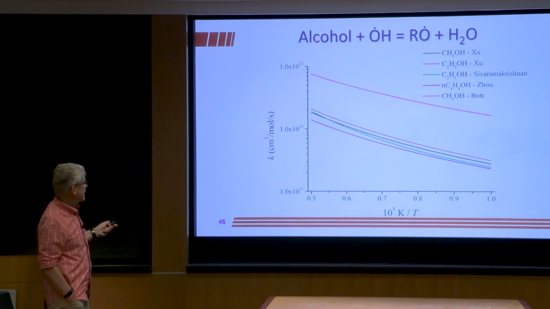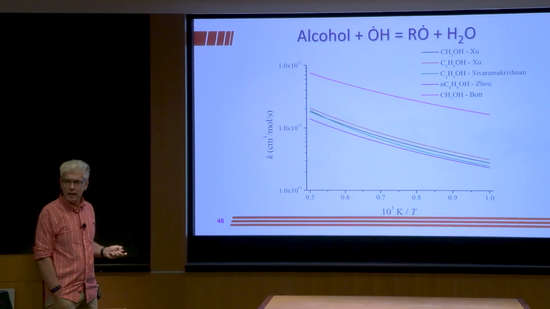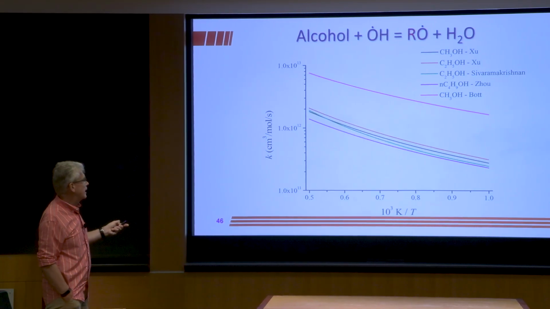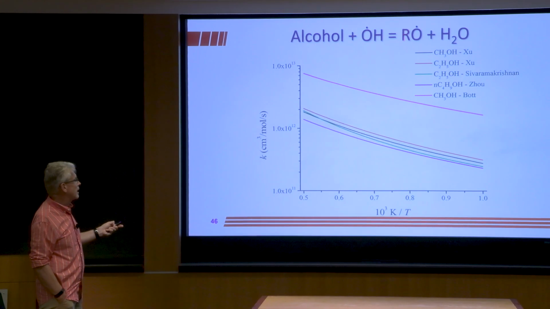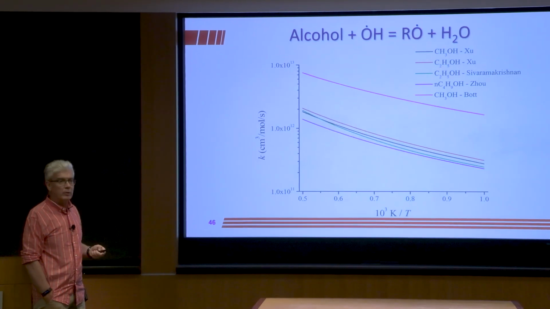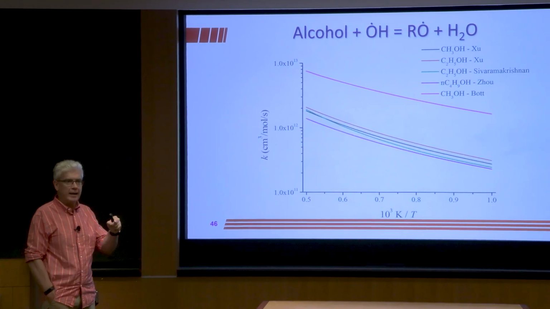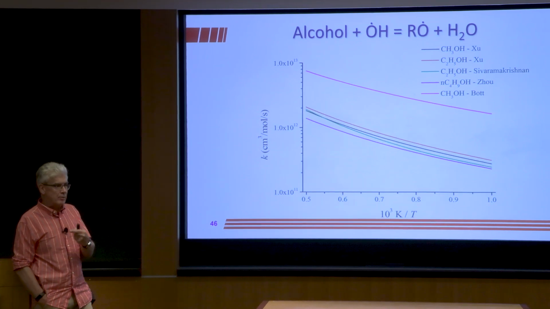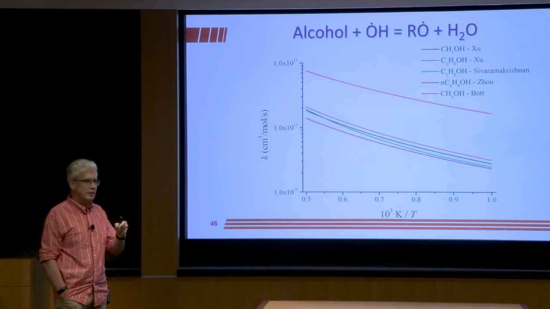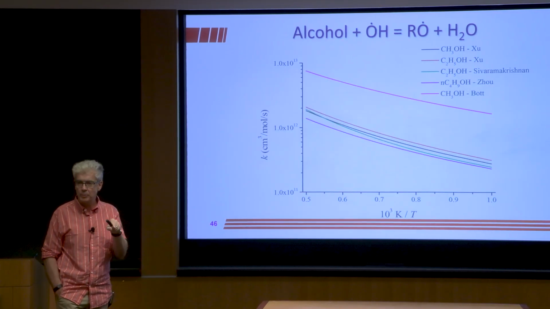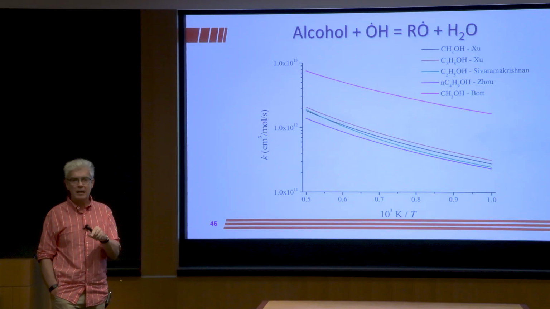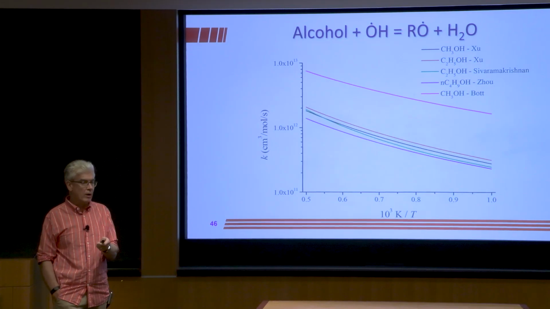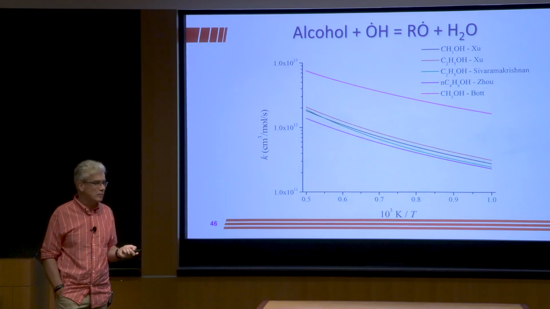So here's the rate constant. If we take any alcohol plus OH, producing an alkoxy radical plus water, in other words, abstracting the alcoholic hydrogen atom, right? They should all be similar because you're abstracting a hydrogen atom which is bonded to an oxygen which is bonded to an alkyl group, right? And it shouldn't depend very much on what the alkyl group is. It should depend more on the bonding to the oxygen atom, okay?